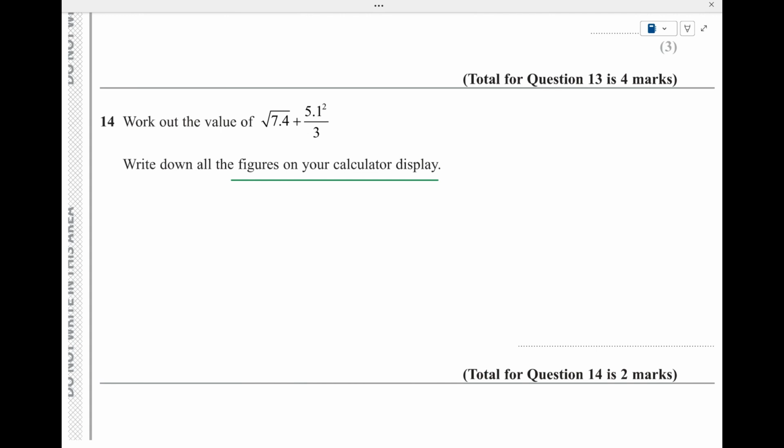Plus, use the fraction operation. 5.1 squared on the numerator of my fraction. Move to the denominator, the bottom of my fraction, and put 3. I'm just checking that I've put it in exactly right. And now I'm going to press equals, and I get 11.390291. And that is question 14 done.